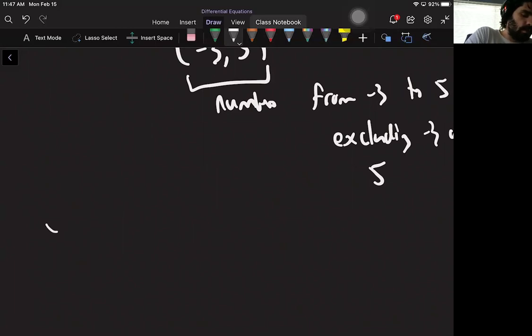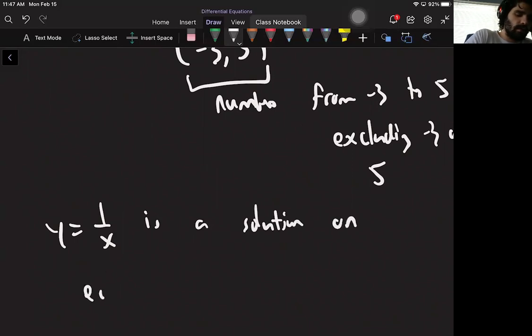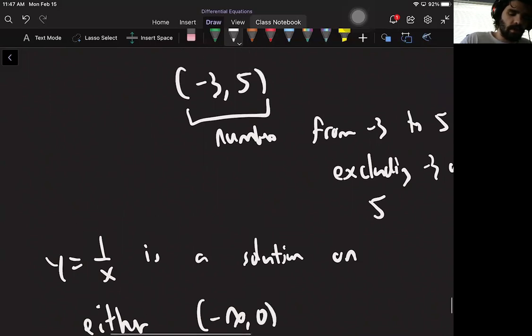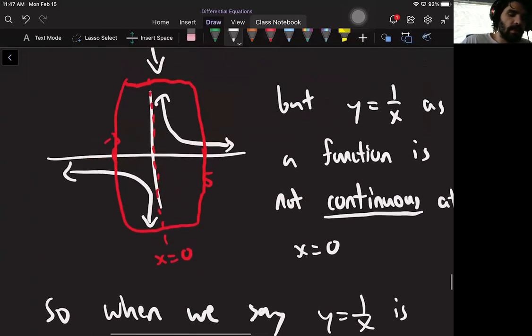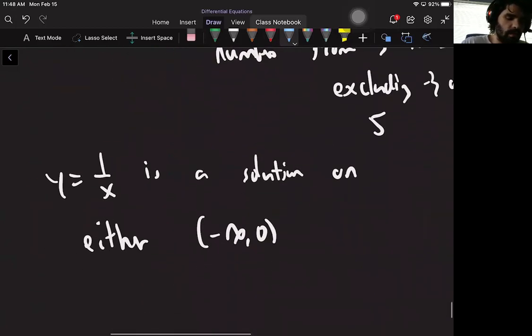So we would say y equals 1 over x is a solution on either -infinity to 0, which is fine because that means I'm not including 0. So -infinity to 0 means I'm only looking at this side of the graph, and so that as an interval is good.